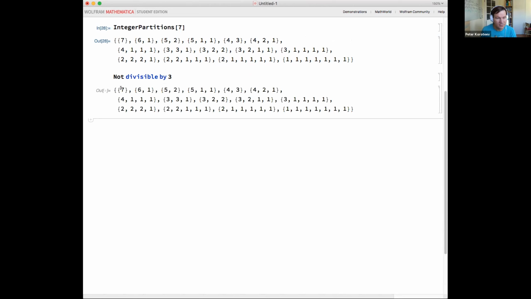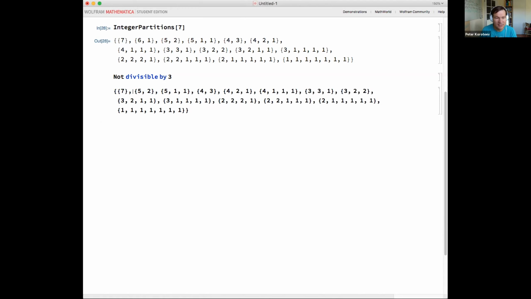You can just shout which partitions are not divisible by 3, and those which are divisible we're going to remove. So 7 is okay, right? Then 6, 1: 6 is divisible by 3, so we delete it. 5, 2, not divisible by 3. 5, 1, 1 works. 4, 3, remove it. 4, 2, 1 is okay.